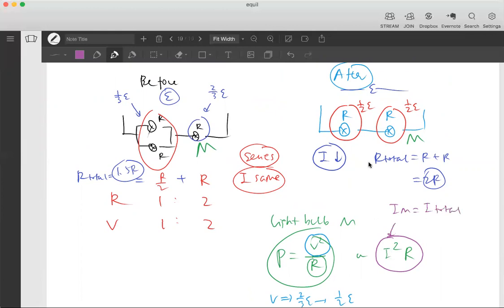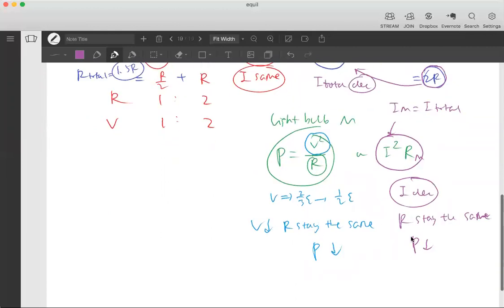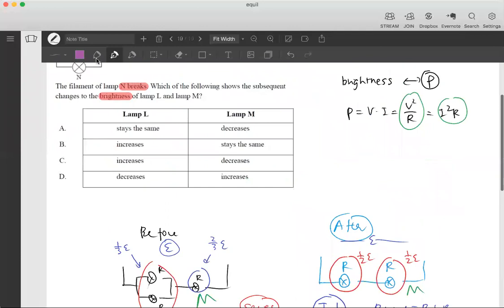Because the total resistance becomes 2R, I total decreases. When I total decreases, the resistance of the light bulb stays the same, so I decreases and R stays the same, and therefore the power is going to decrease. It follows exactly the same thing. Doesn't matter whether you use V squared over R or I squared R, this gives you the same answer. So the brightness of M is just going to decrease.